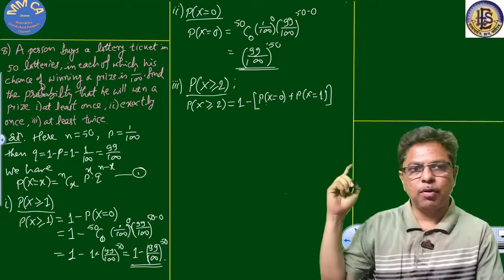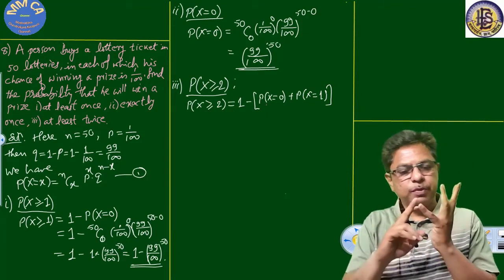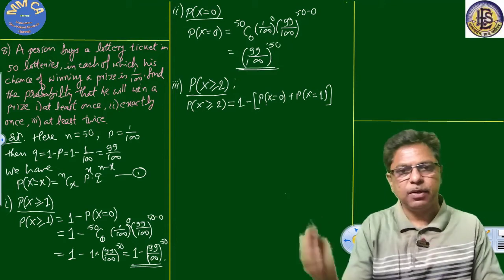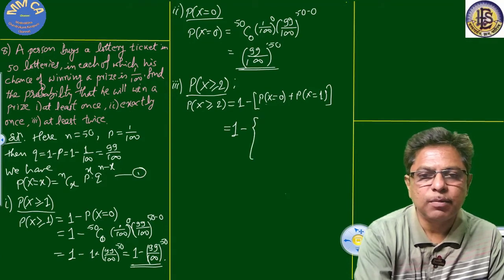The summation of all pi is 1, and from that we are removing only 2, which values 0 and 1. So we are subtracting that on the other side and just use 1 minus probability of x is equal to 0.